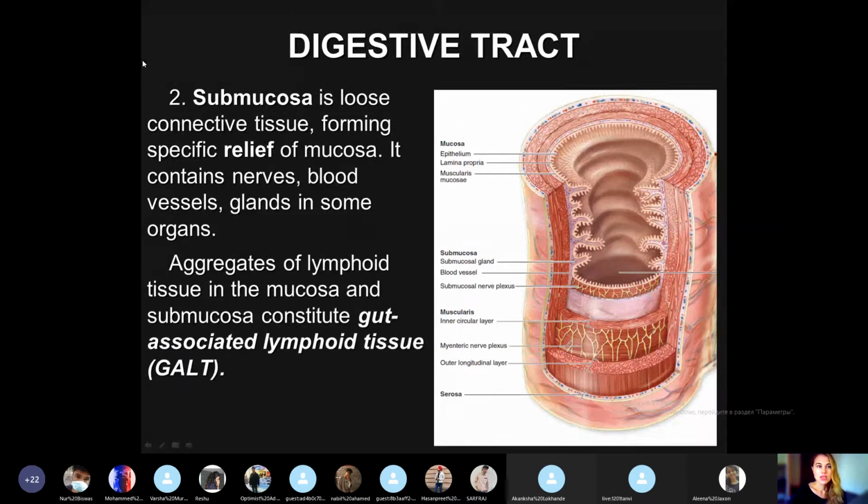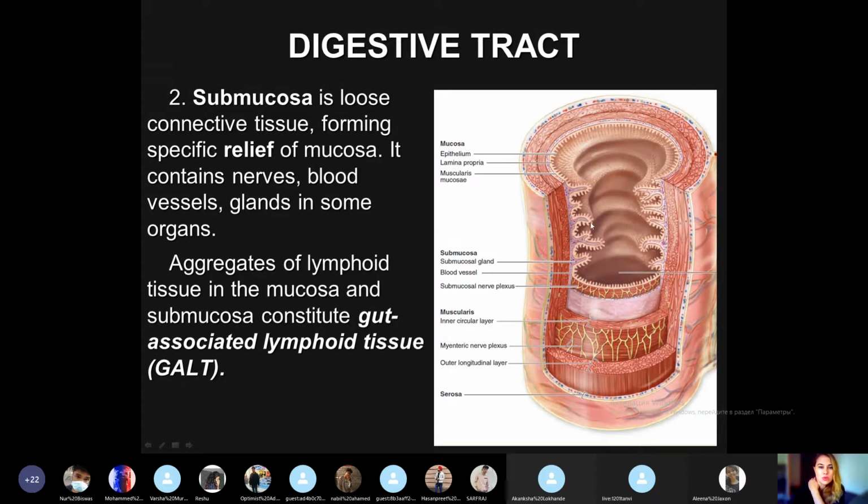And the next layer is tunica submucosa. Tunica submucosa, as we can see, is also loose connective tissue that contains blood vessels, nerves, as well as glands. But the important function of the tunica submucosa is that it forms the relief of the mucosa.